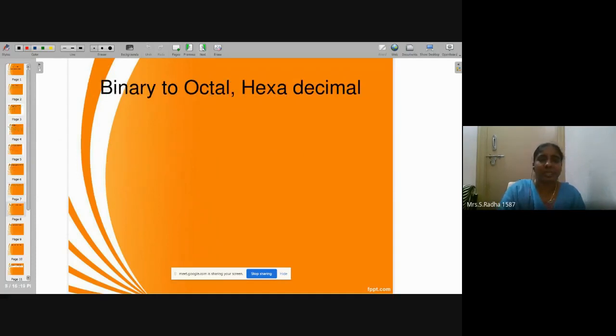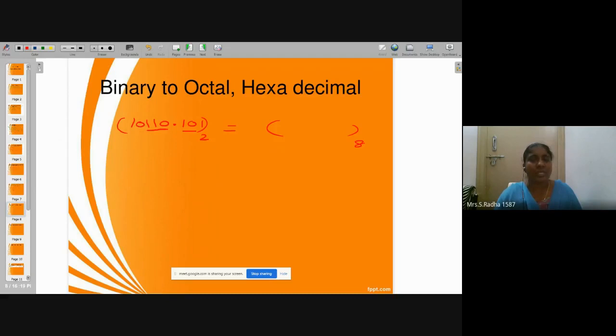Now I am going to binary to octal and hexadecimal. For example, if I have 10110.101, this is a binary number system. If I want to convert it into octal, every 3 digits you have to group.